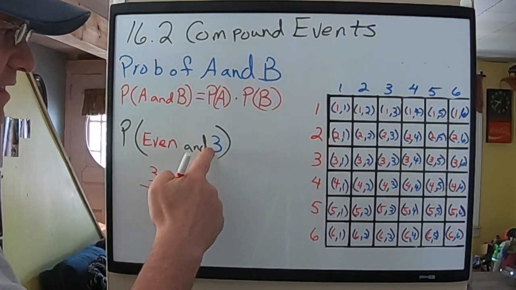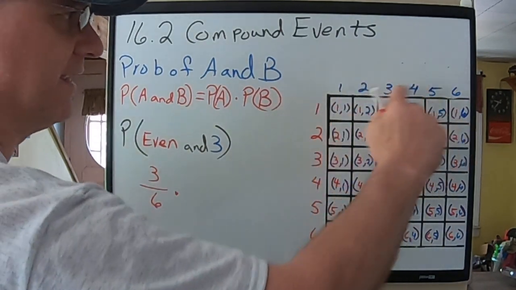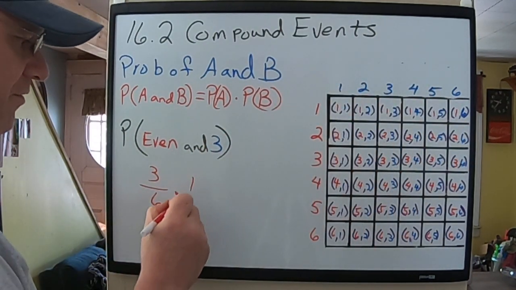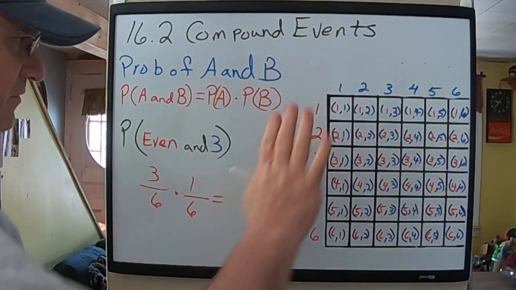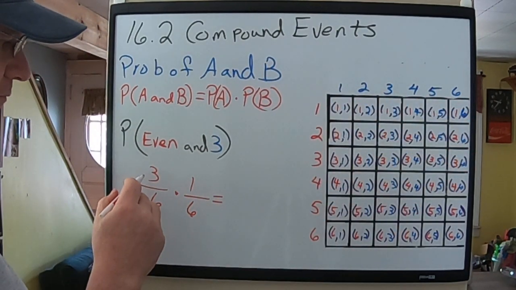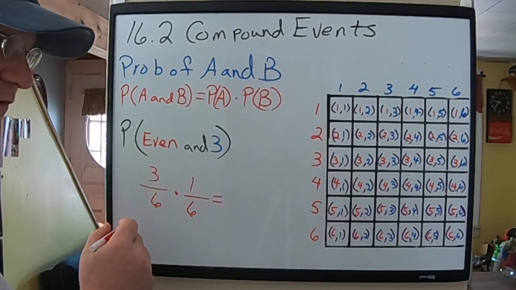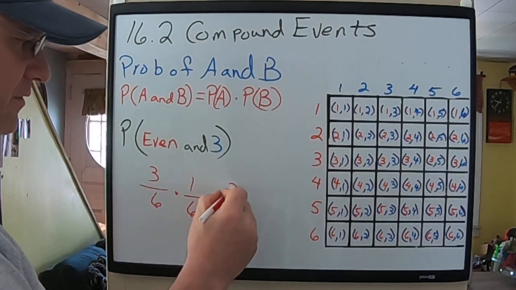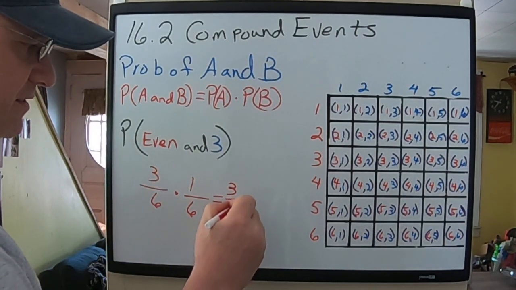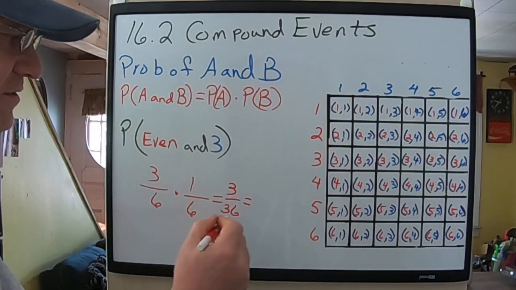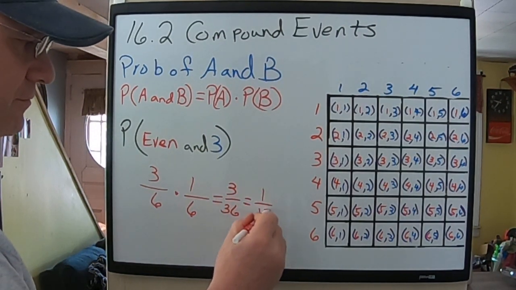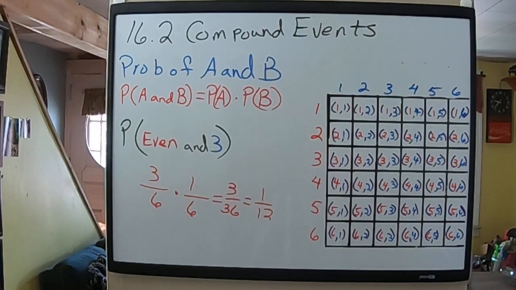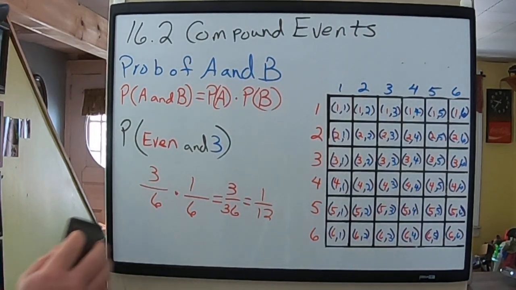What's the chance that a blue die is a 3? 1 out of 6. So ignore that. 3 times 1 is 3. 6 times 6 is 36. And we know 3 goes into 36 12 times and into itself once. So 1/12. All right. So that's and.